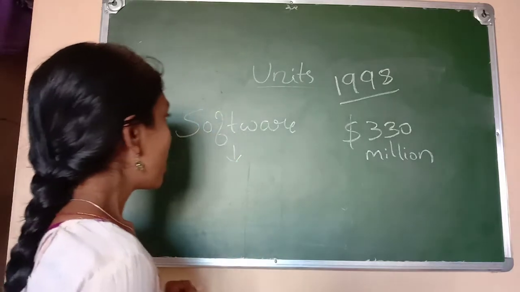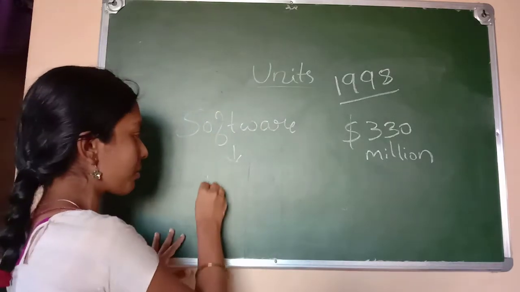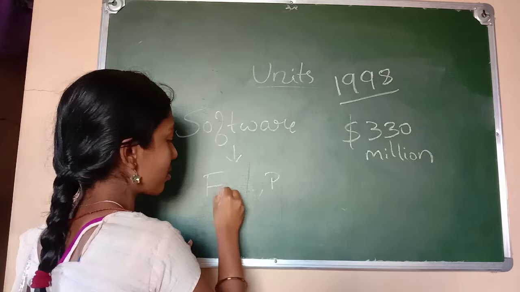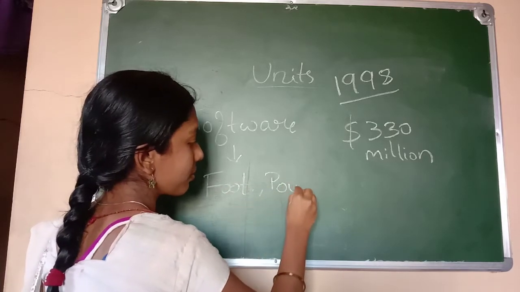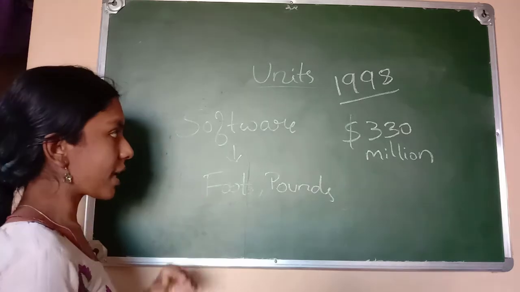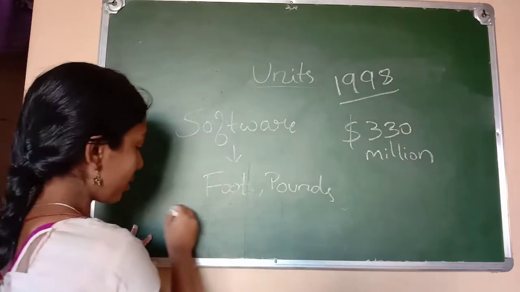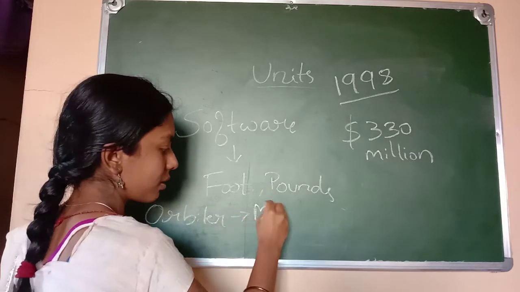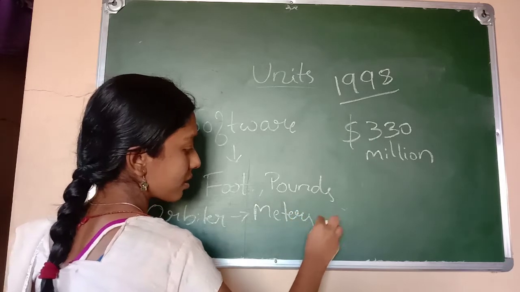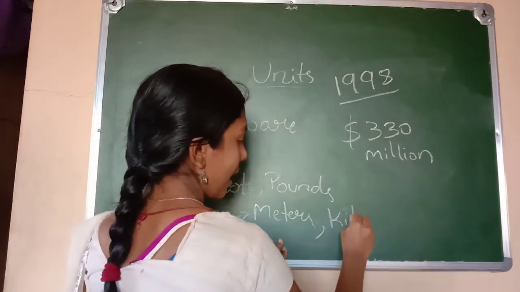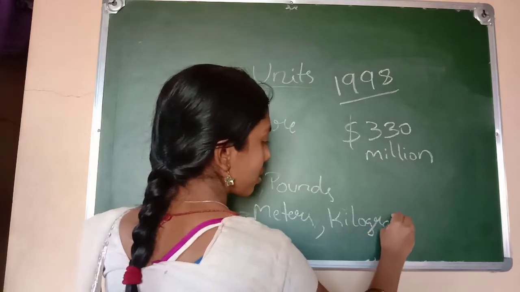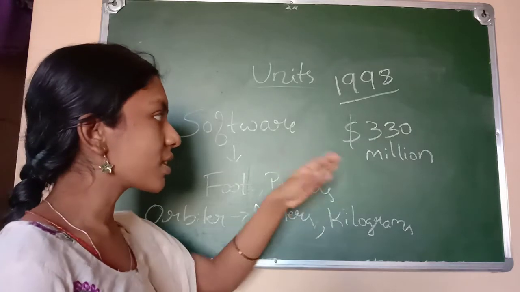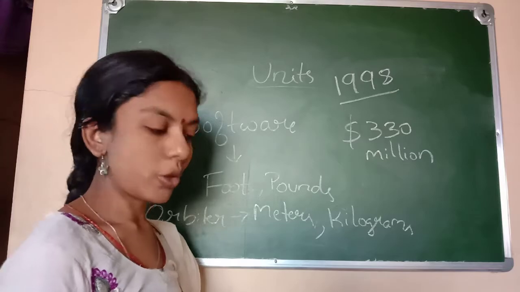So what happened was, the software was giving measurements in terms of feet and pounds, whereas the orbiter was taking the measurements in meters and kilograms. This was the mismatch which caused the $330 million project to crash.